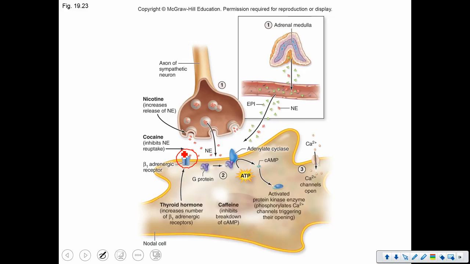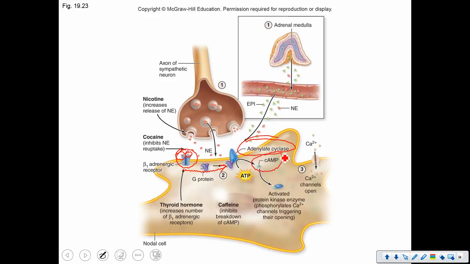So the beta-1 adrenergic receptors, we get a neurotransmitter that binds to these receptors, okay? And then when that happens, we release the G protein, remember that? The G protein slides over, locks into this enzyme, adenylate cyclase.